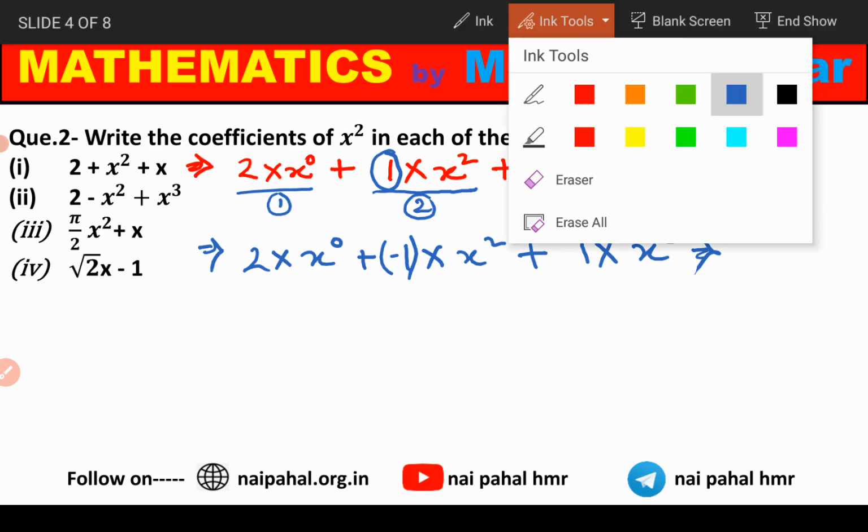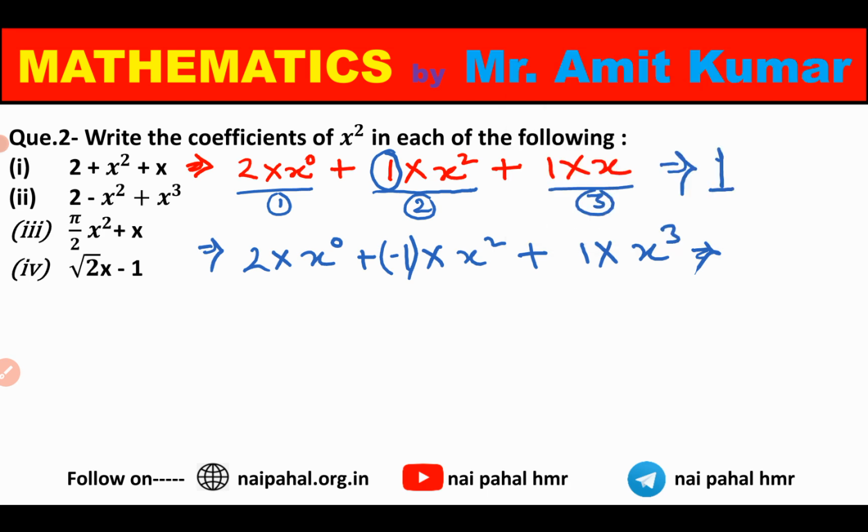We can see that there is minus 1 with x square. If you don't put the plus sign, you can also write it with the sign. So we have minus 1 with x square, and that is the coefficient of x square.